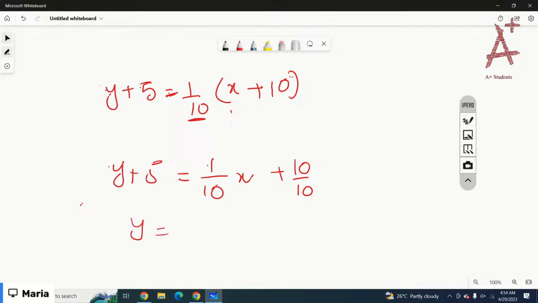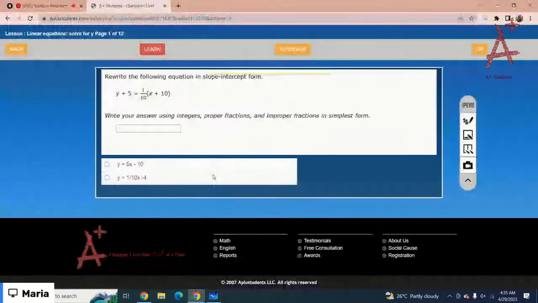Move that 5 to the other side. It would be 1 over 10x plus 1, and when you move 5, it would be negative 5. So 1 minus 5 is negative 4. So the equation is y equals 1 by 10x minus 4. That is the second option.